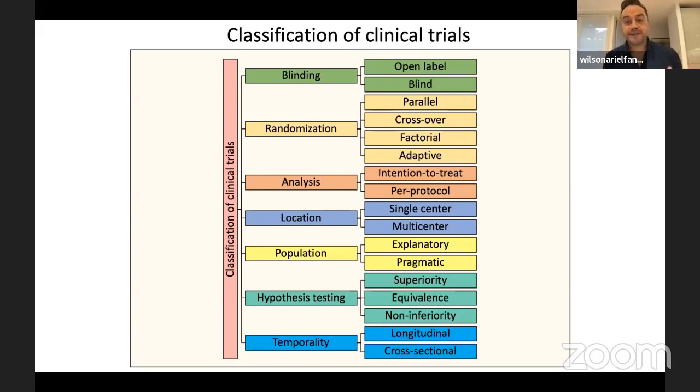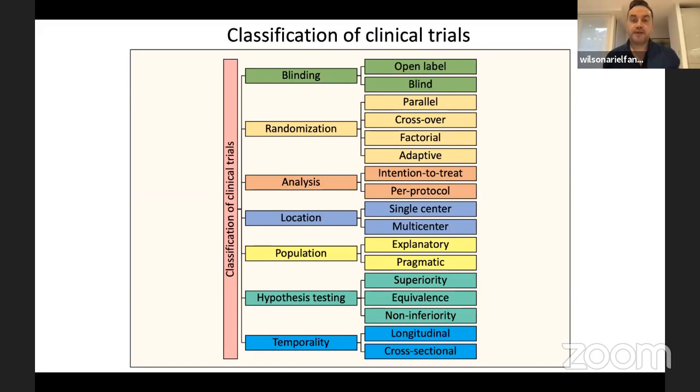On the other side, the per protocol analysis doesn't really bother about the dropouts, and it doesn't really matter where the patient was randomized. This is why the randomization is so important, because if you don't respect the randomization, the benefits of the randomization are going to be lost, and then your results might be biased.